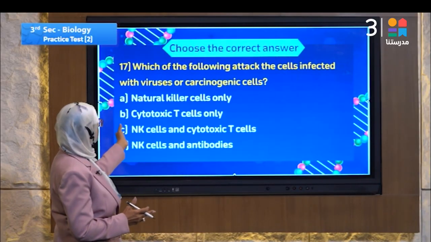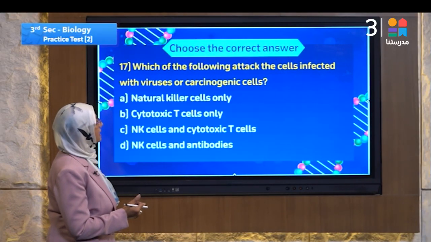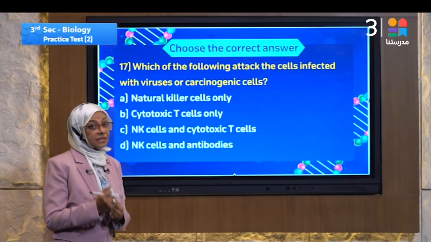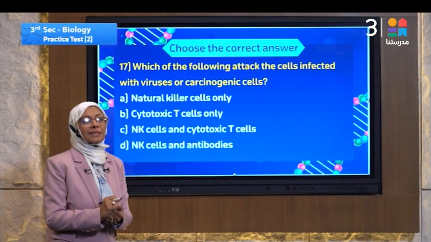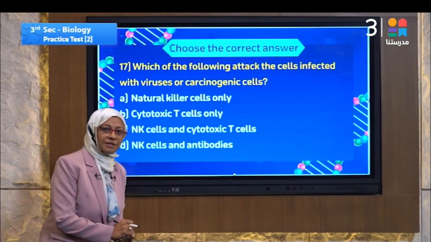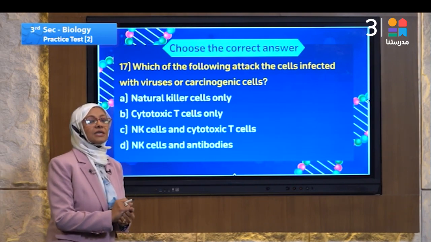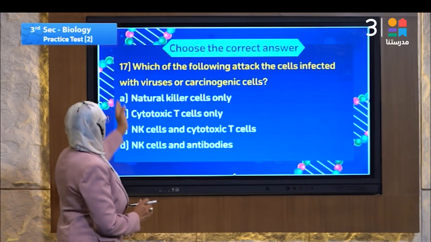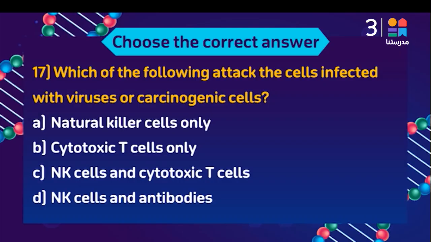Question number 17 is about the attack on cells infected by a virus. Let's read the question carefully. Please read it carefully and read the choices carefully, even if I know the answer. 17. Which of the following attack the cells infected with a virus or carcinogenic cells?